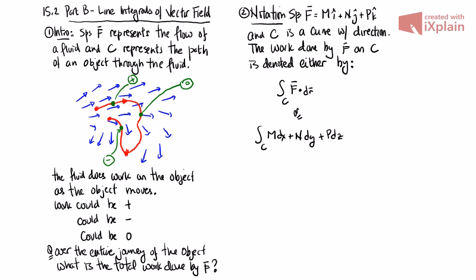It does not mean that you integrate them each with respect to their particular d's. So you're not integrating M with respect to x, you're not integrating N with respect to y, and so on. It's just notation. Just to give you an example of how this notation arises, without doing any questions, I just want to give you two things that mean the same. So the following mean exactly the same.